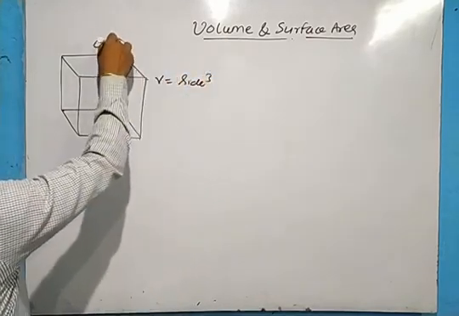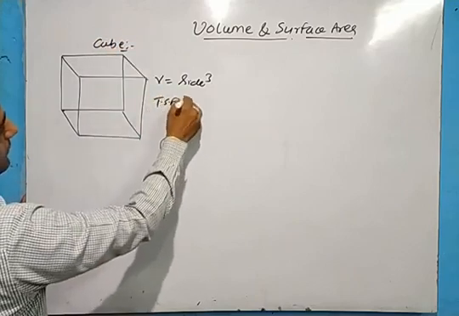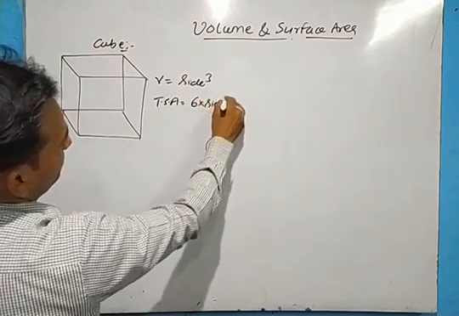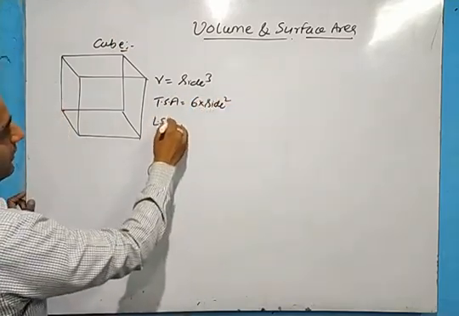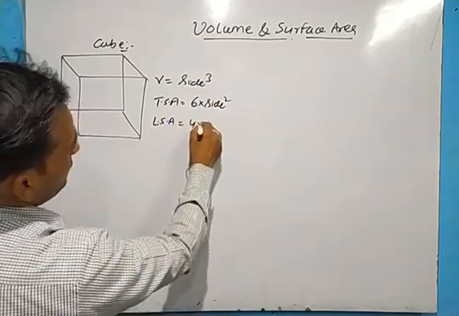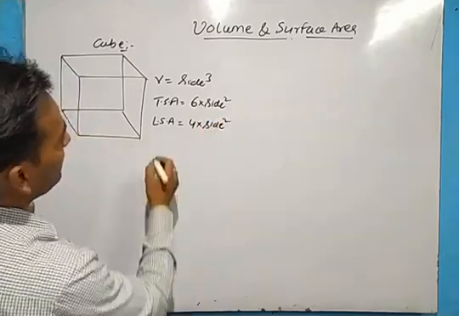This is cube. And total surface area, 6 faces we have, so 6 into side square. Lateral surface area is called area of 4 walls, that is 4 into side square, because 4 faces will be there.